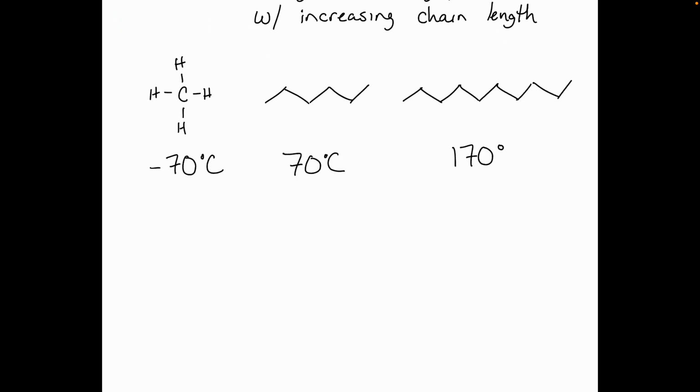All right, alkanes are almost exclusively used as non-polar solvents. So typically when we see alkanes in the lab, they're just playing the role of a very, very non-polar solvent. That's because they're not all that terribly reactive.